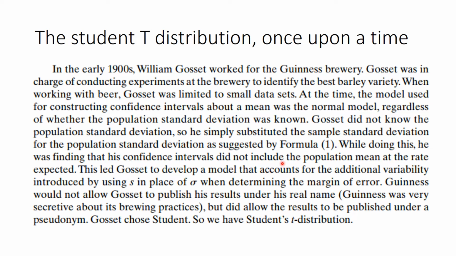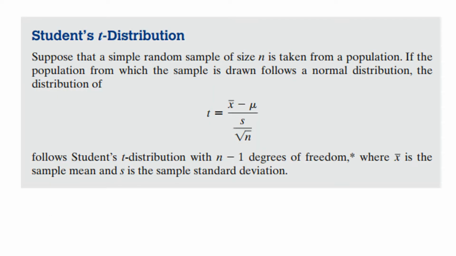When he did this, he noticed that the variability was higher, so he developed a model that accounts for additional variability by using s in place of sigma, and you could do this for smaller and smaller data sets. Guinness would not allow Gossett to publish his results, but he did publish them under a phony name, and the phony name was A Student. And so this is called the student t-distribution.